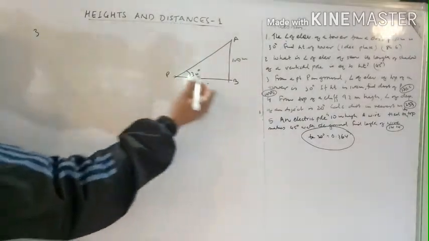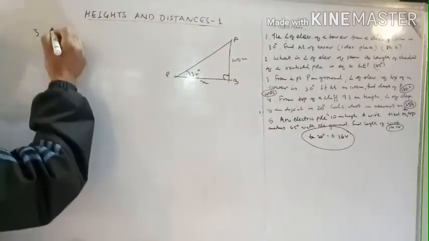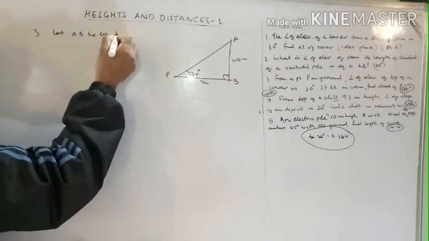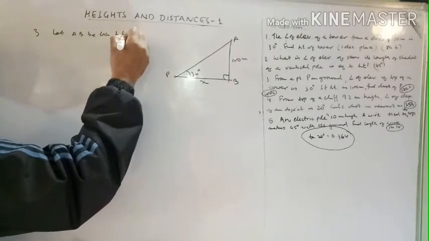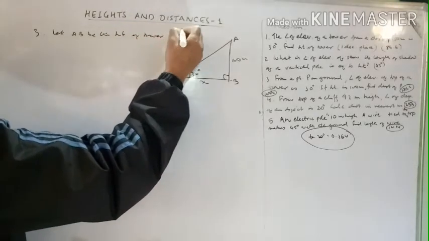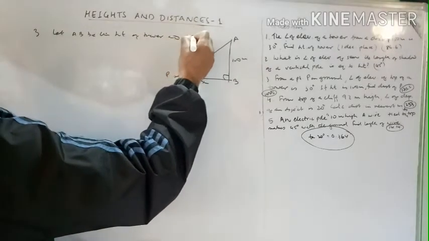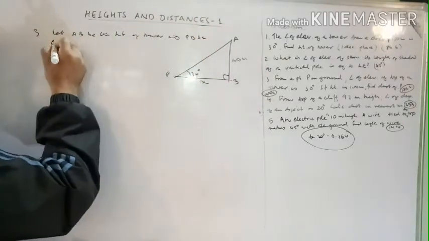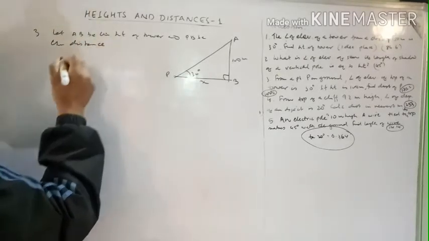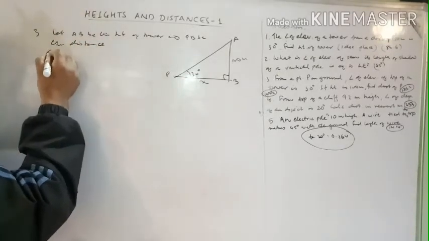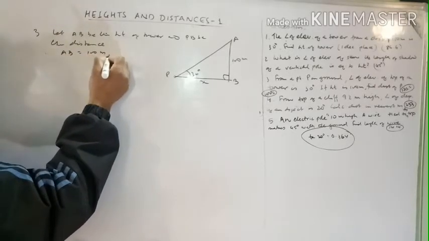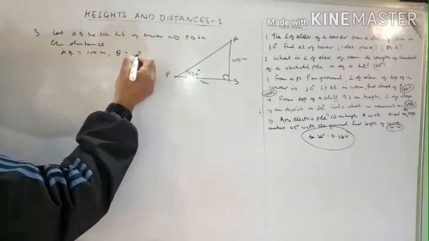So once again, vertical means 90 degree. Let AB be the height of the tower and PB be the distance. Okay, so AB is given here as 100 meter and theta is given as 30 degree.